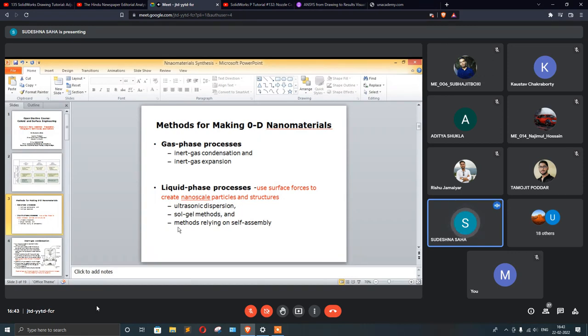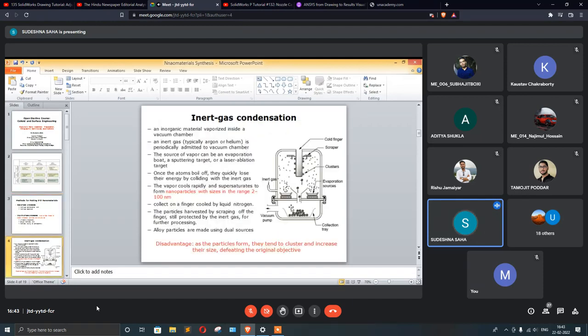If you know a bit of the working principle, you will obviously differentiate between different methods that are used for different nanomaterial preparation. Okay, so the first one is the inert gas condensation method.